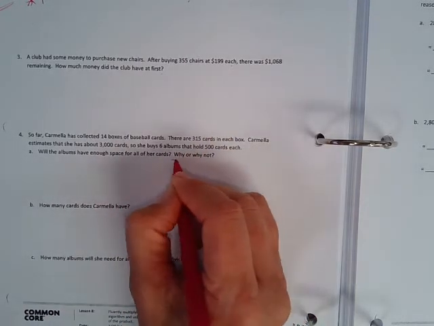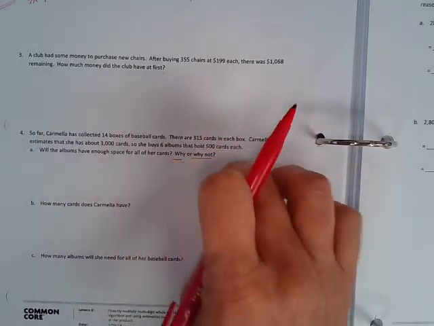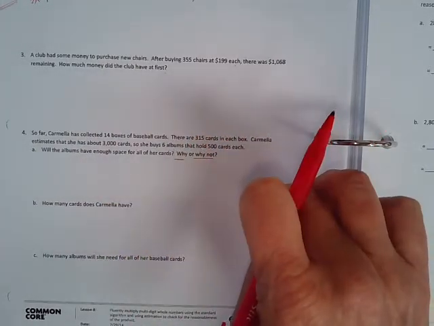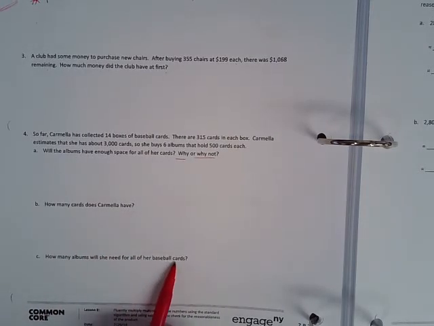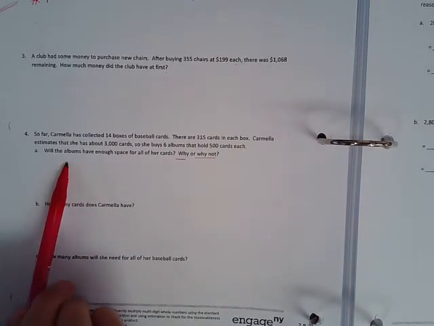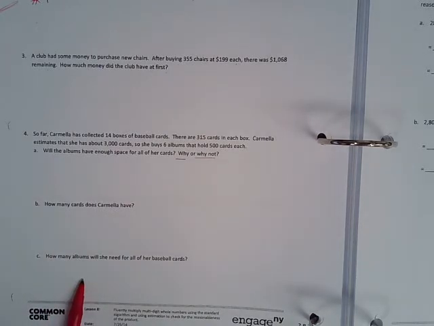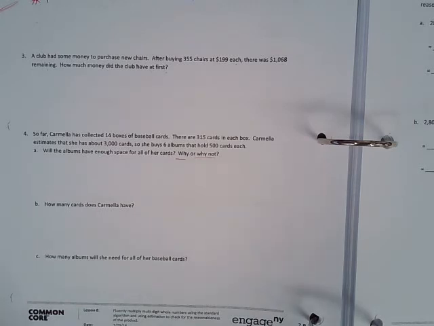So when it says why or why not, you need to write it will or will not because. How many does she actually have? And how many albums will she need for all of her baseball cards? So you're going to estimate and you're going to do the actual and then decide whether she has enough albums to fill all of her baseball cards.